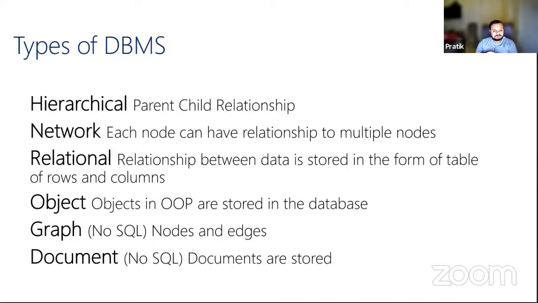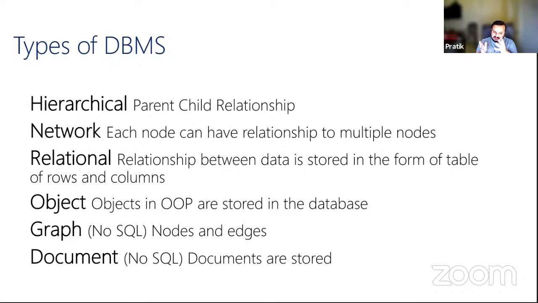Another format of database management system is the object-oriented database, the object databases. What object databases do is store objects and the relationships between each object in an object-oriented programming language like Java or C# or C++. You are storing that exact information in a database as well. This type of database had some popularity.